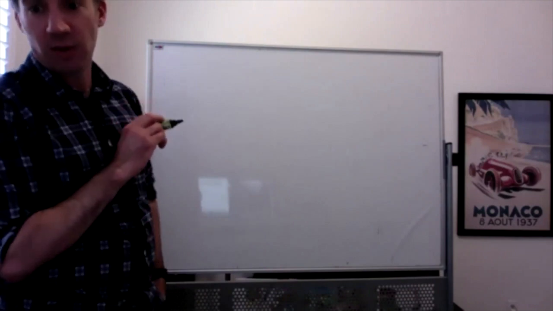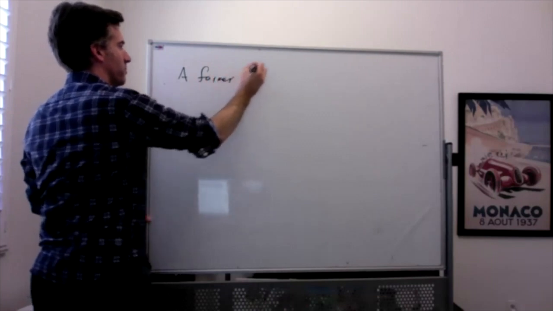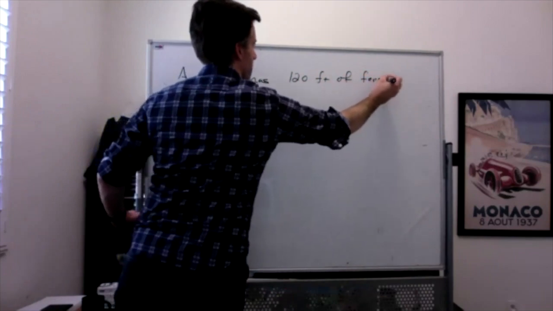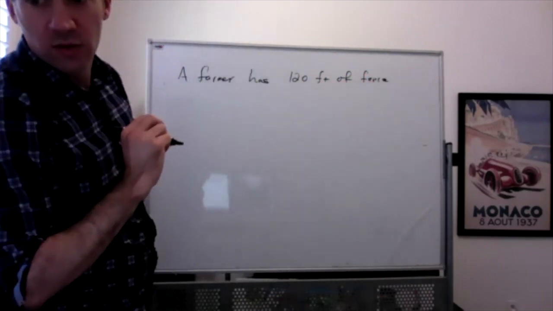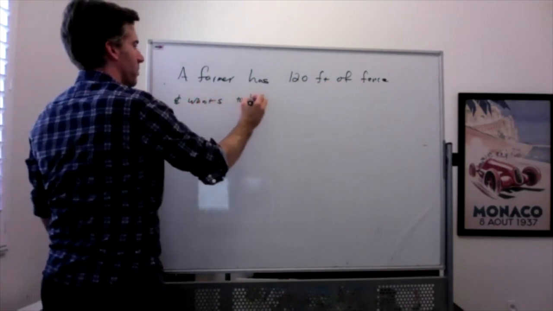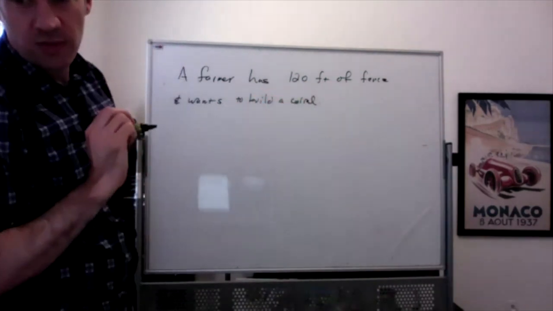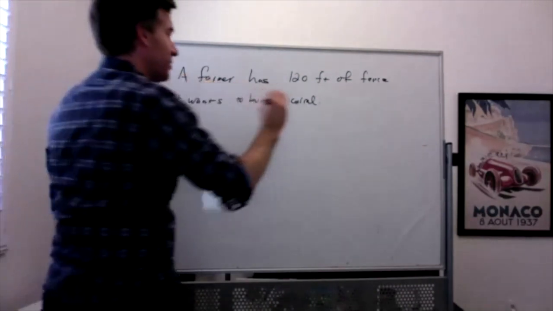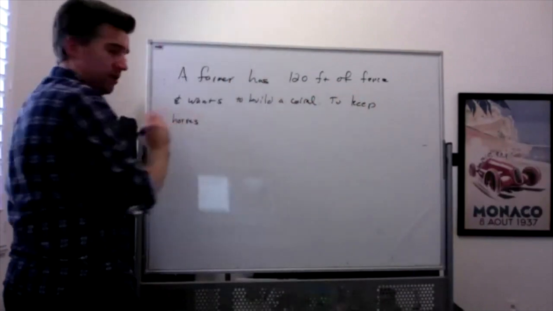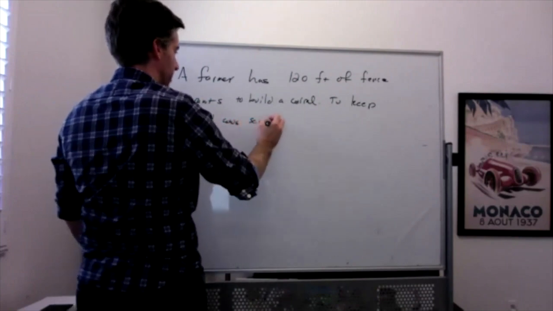So here is the first problem we're doing. A farmer has 120 feet of fence and wants to build a corral for his animals. To keep the horses and cows separate, we need a dividing fence as well.